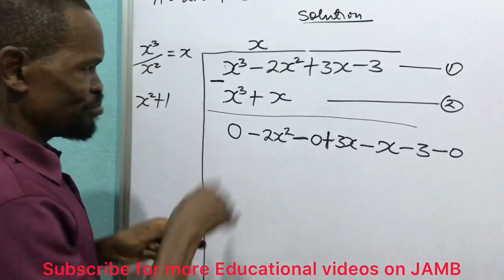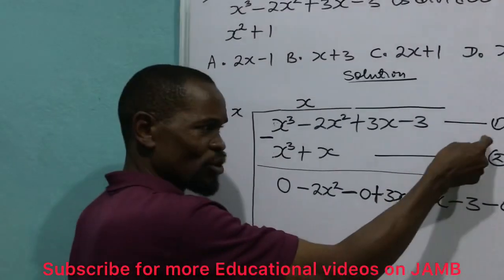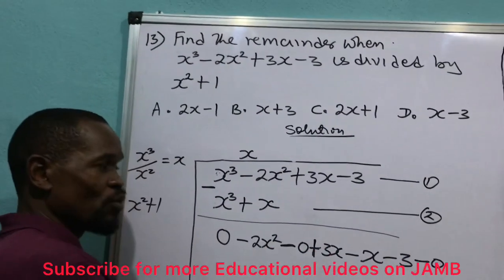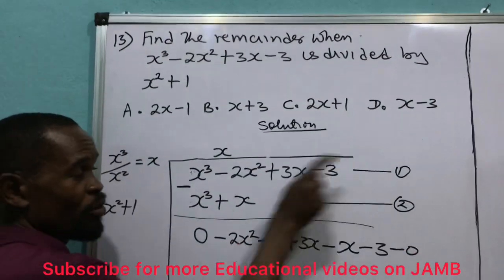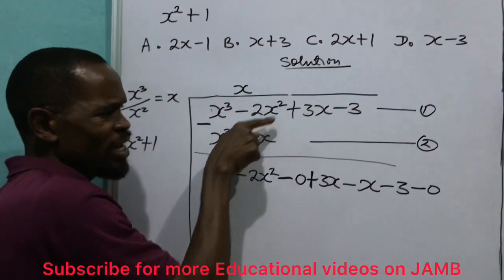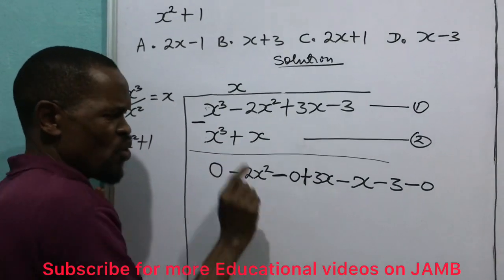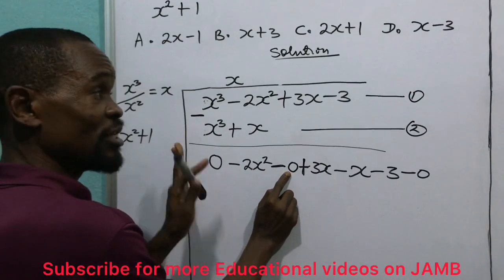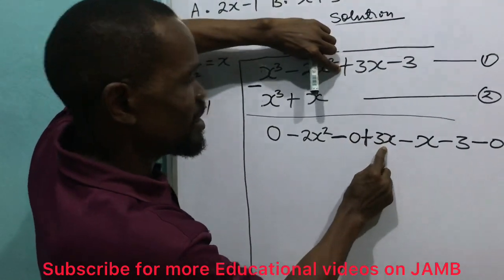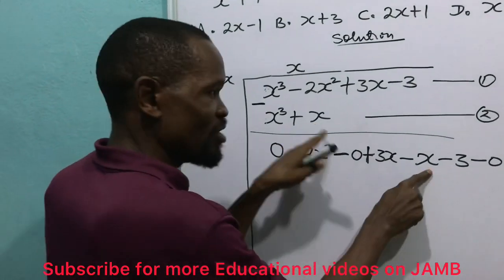Let me start again. This minus this gives me 0. Minus 2x squared, minus, did I have anything x raised to the power 2 here? No, minus 0. Then plus 3x minus x.